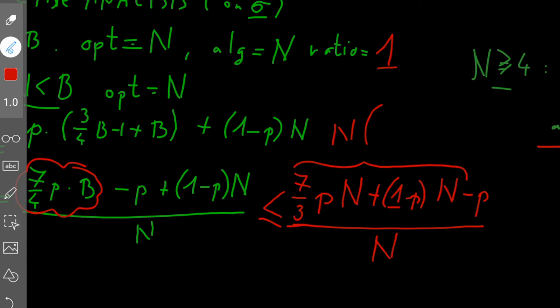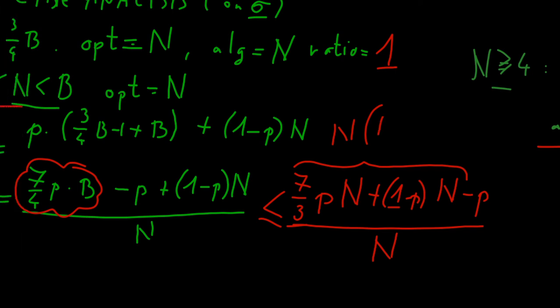So we have 1 n, minus p plus 7 over 6, so it's 1 n plus 4 over 3 p minus p.